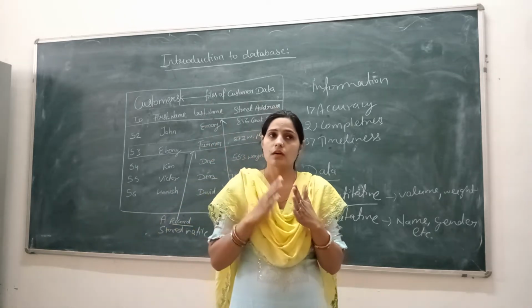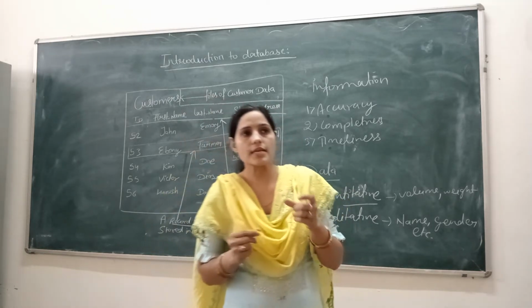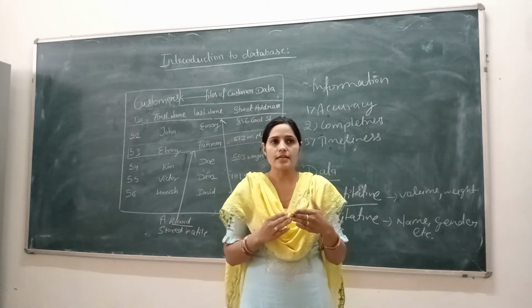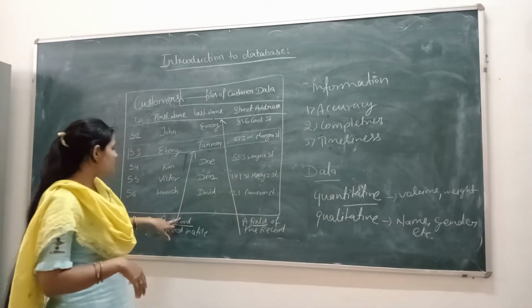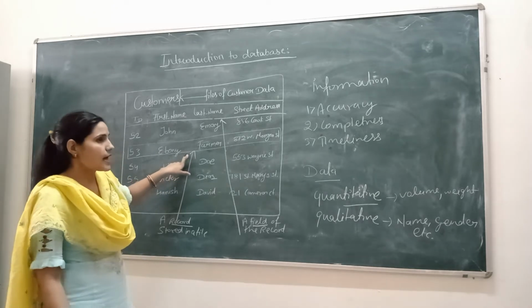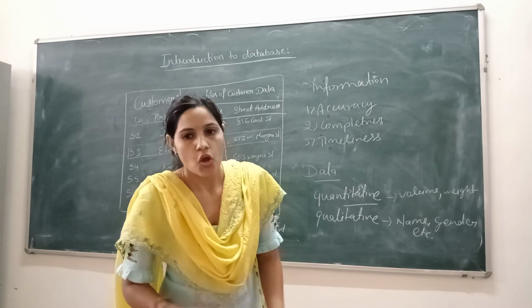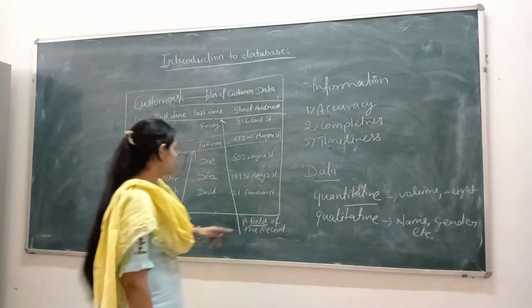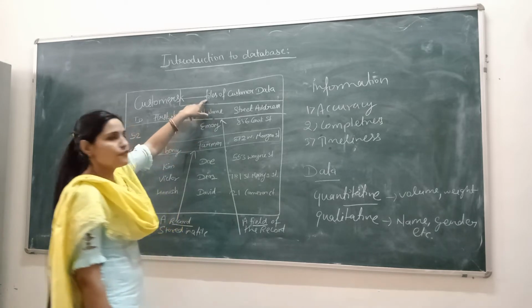So what are the differences between a record and a field? A record belongs to some particular entity, but a field has some meaningful information for a particular entity. Okay, so there are three things: records, fields and files.